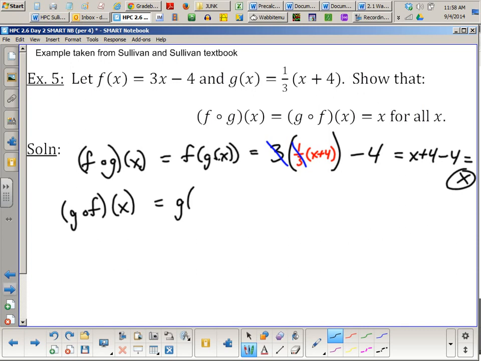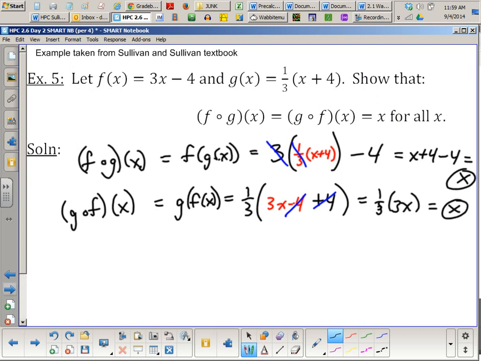That means g of f of x. This has the appearance of g, but for its input, we have the f function. This time it's the 4's that cancel first, and we get 1/3 of 3x, which is x, and we done did it.